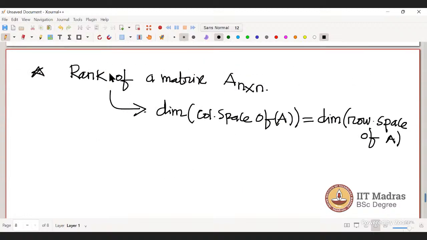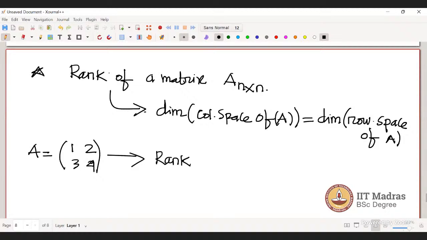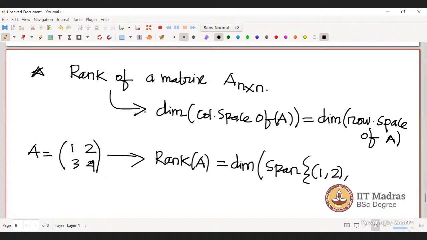So when I'm taking a matrix 1 2 3 4, the rank of this matrix will give me the dimension of the span of (1, 2), (3, 4), which is the same as the dimension of the span of the column vectors, right?